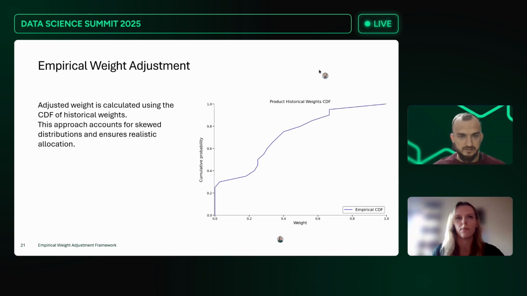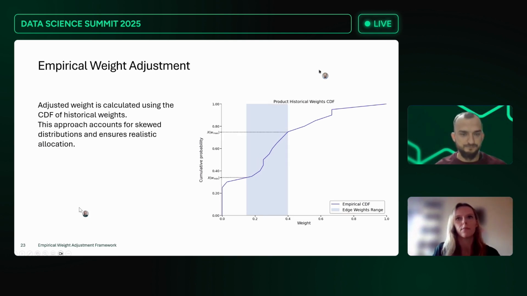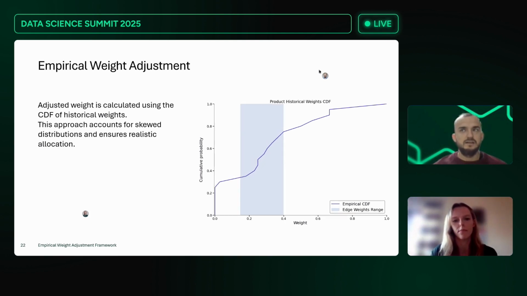So this takes into account the possible skewness in the distribution. And when we get the forecast on higher hierarchy and some initial forecast weight for this product, we can define, using values described earlier, the minimum and maximum weights.